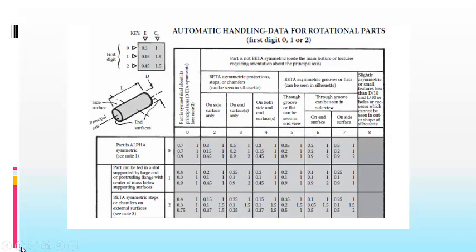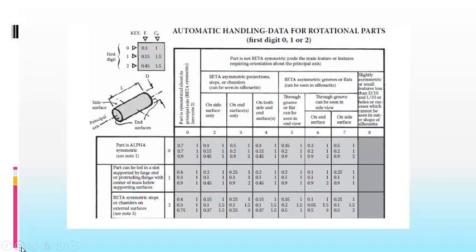As you see, the table has two digits, a digit on the top and a digit on the side, and those two digits show the difficulty of part feeding.